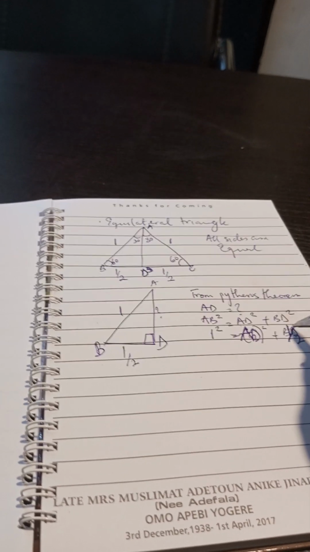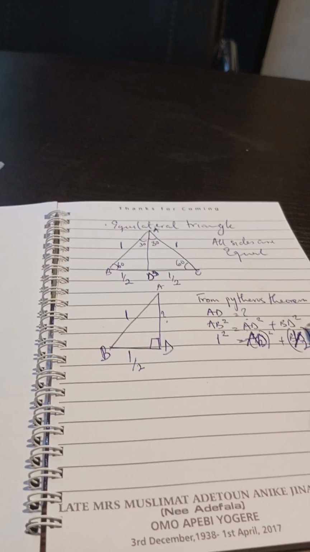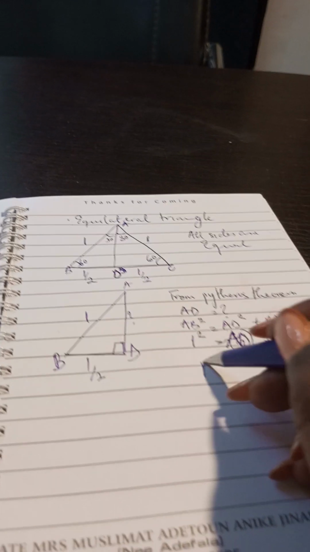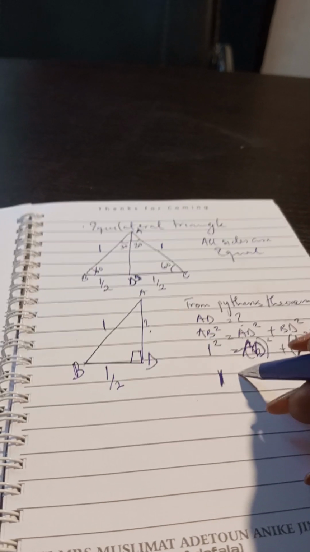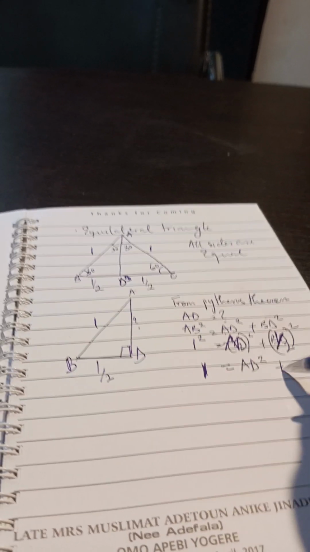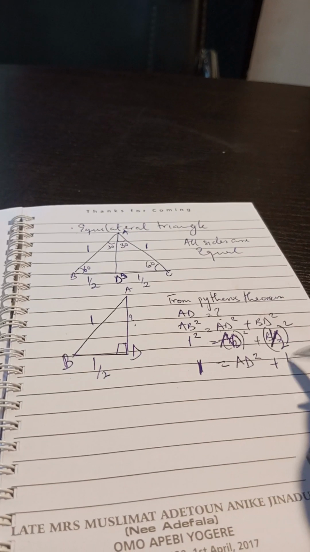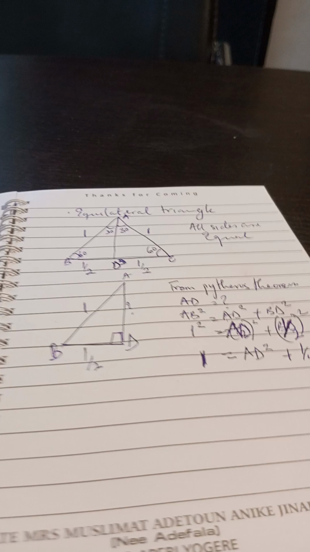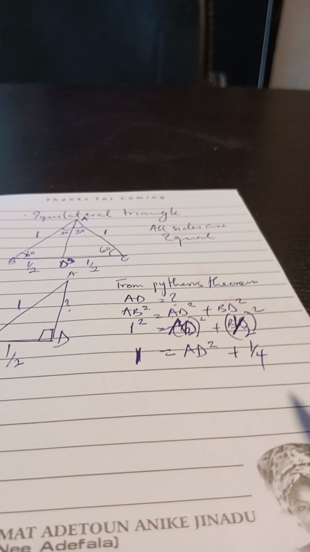Sorry, I made a mistake there. So that's plus half squared. So 1 squared will remain as 1, which is equal to AD squared, which is not known, plus 1 quarter. Half squared is 1 quarter.